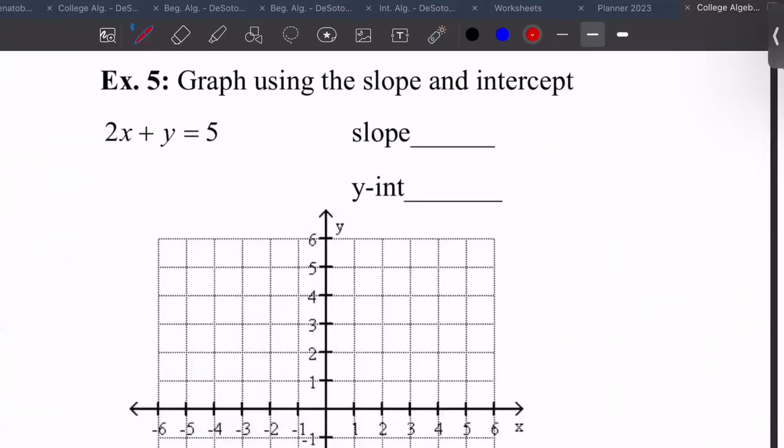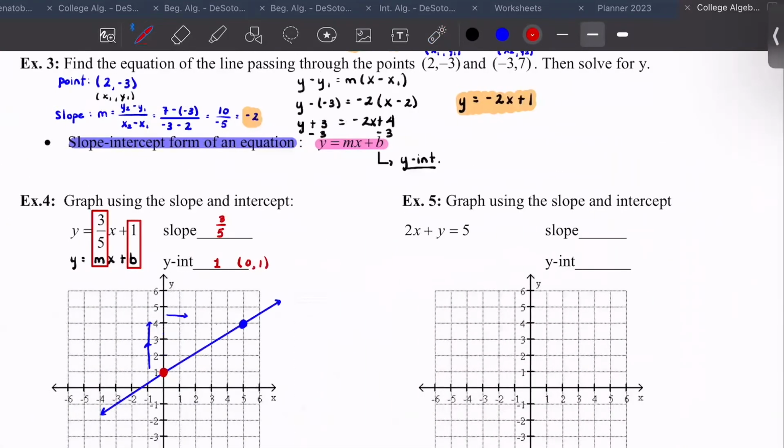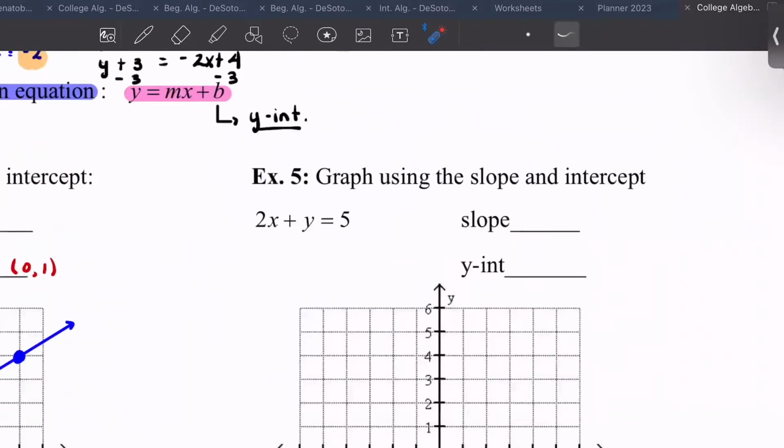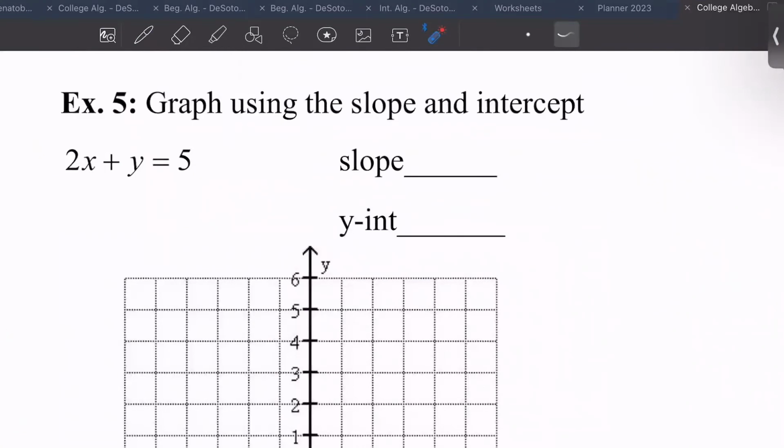So again, it all comes back to y equals mx plus b. We were given y equals mx plus b form there. Here, we're not. We have 2x plus y equals 5. First, we need to get y by itself, so we're going to subtract 2x from both sides and get y equals negative 2x plus 5.